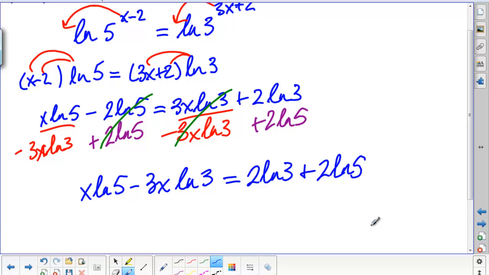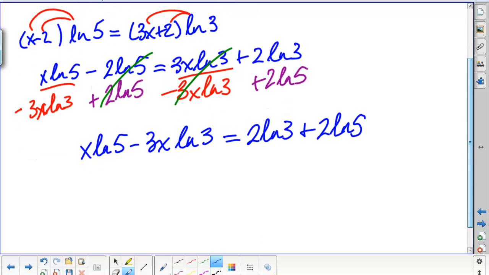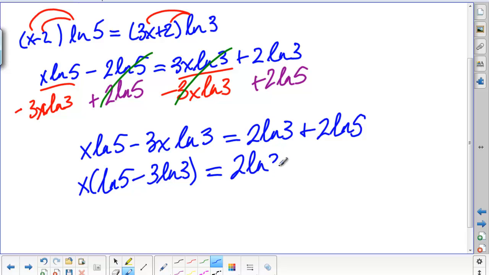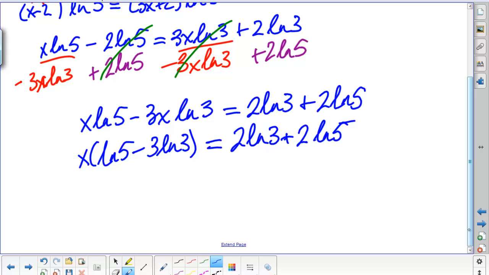Okay, so we've got the x's on one side, constant terms on the other. Now we somehow need to separate this x from all this other mess. So let's just factor it out. Just like that. Factor out the x. Now we can just divide. Again, all these natural logarithms are just numbers.